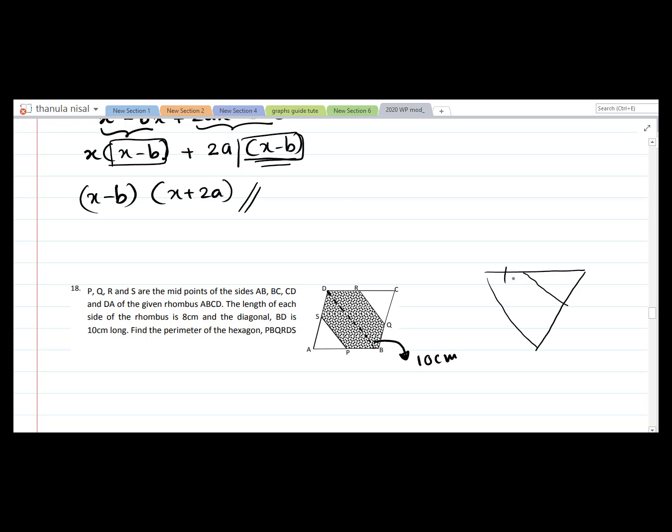These two sides are equal. We can apply the midpoint theorem here. This one is parallel with this. If this is 10 centimeters, this should be half of its length, that is 5 centimeters.